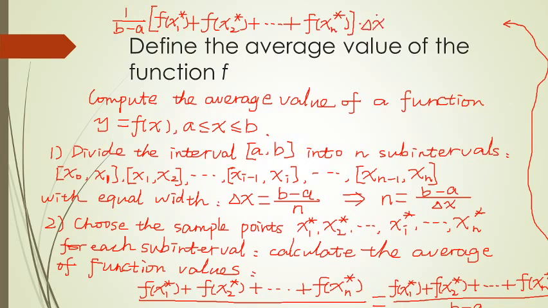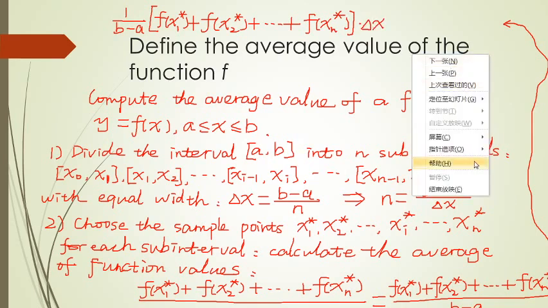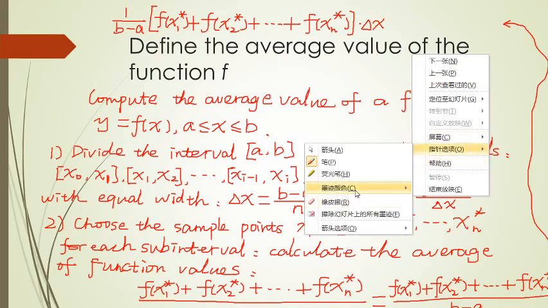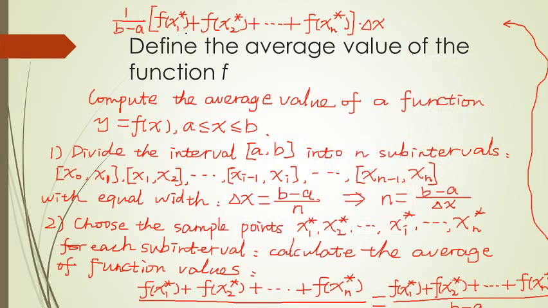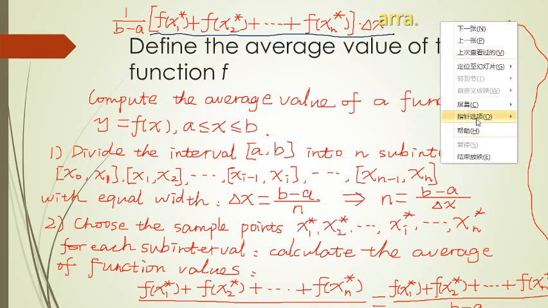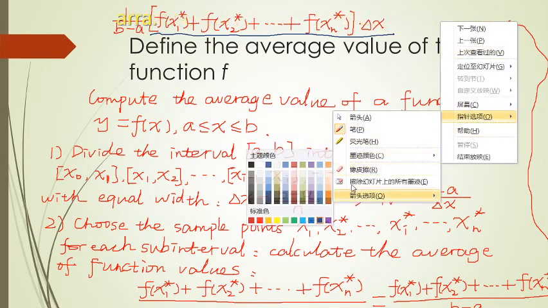What does the second part mean? Each function value times delta x. So what does this part mean? That is the area, the sum of the areas of the n rectangles, right? We are familiar with this part.